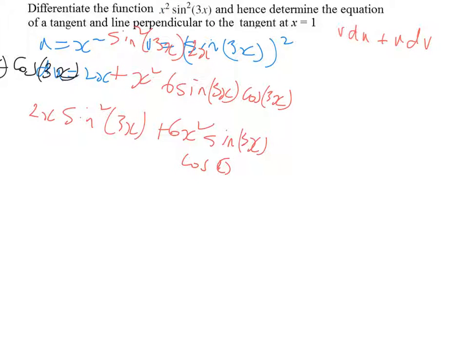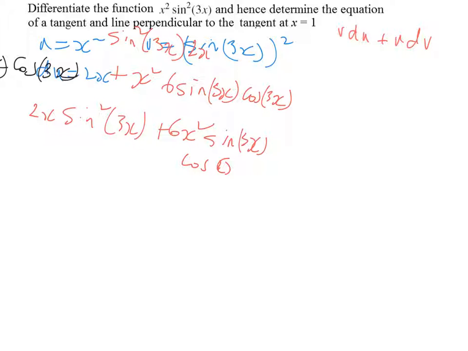Now what we want to do is find the equation of the tangent at x equals 1 and then the equation of the line perpendicular to the tangent at x equals 1. So to do those, we've got to find the derivative at x equals 1. So we substitute 1 into this.